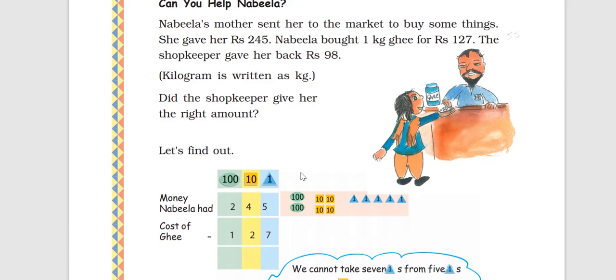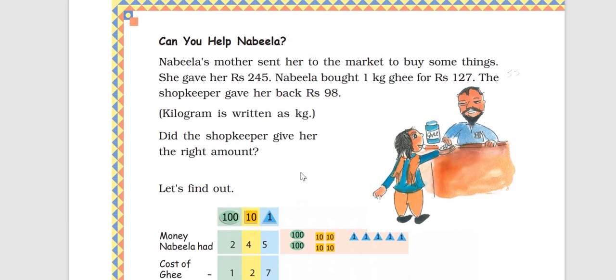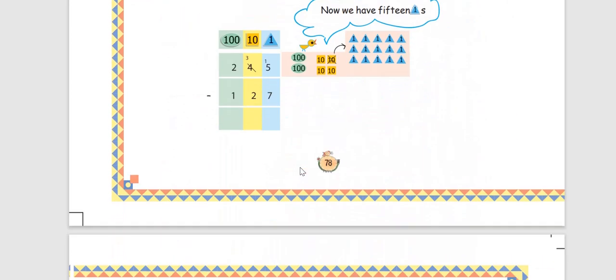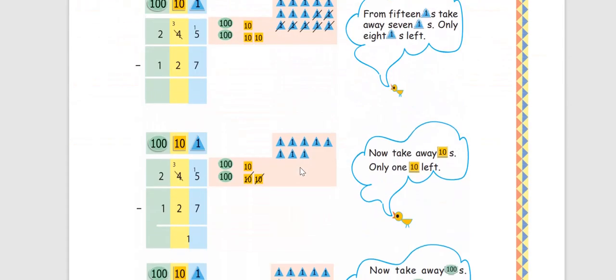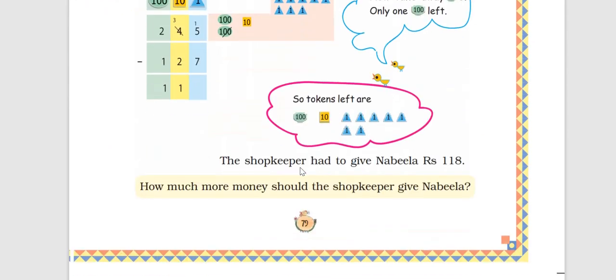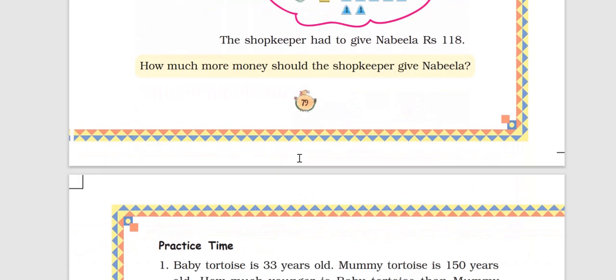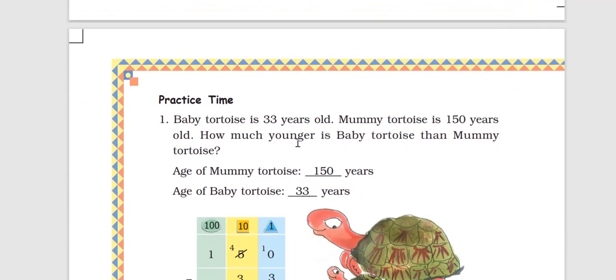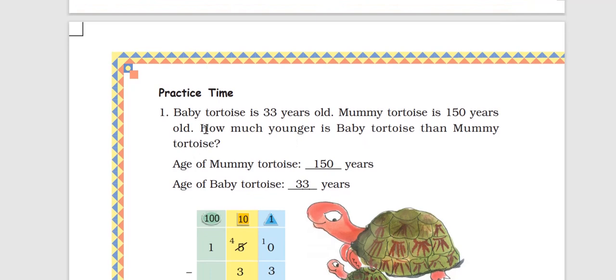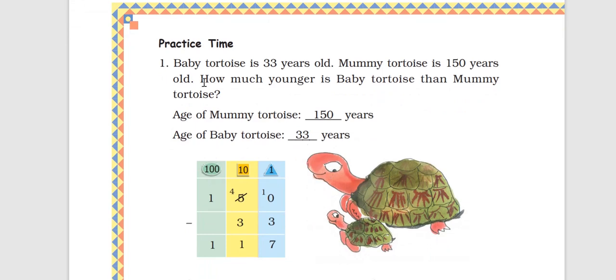Like I said, these are the word problems, right? And we need to arrange them accordingly and use the right operator, whether we do an addition using the plus sign, or we do a subtraction using the minus sign, right? Here is an example. How much younger is baby tortoise? So, right, that in itself tells us that we need to subtract, right?